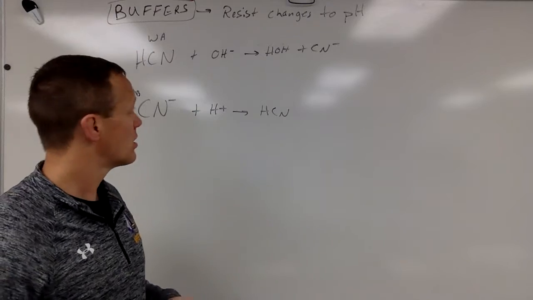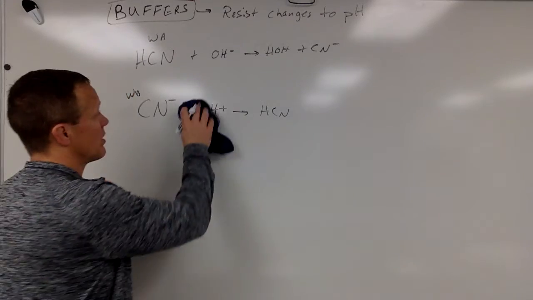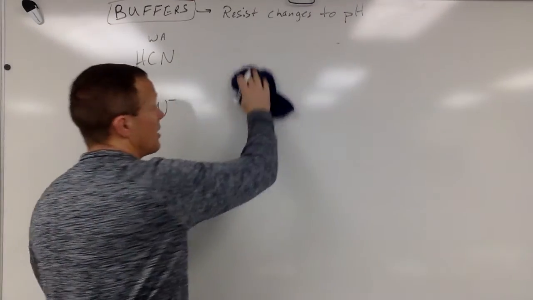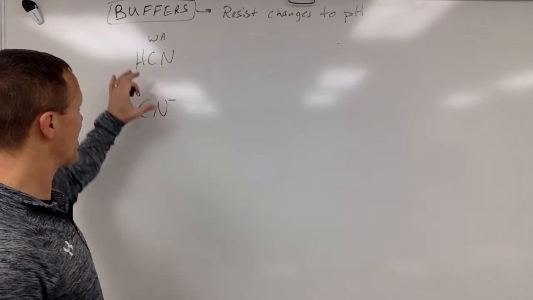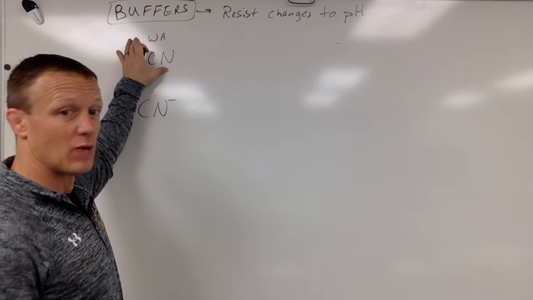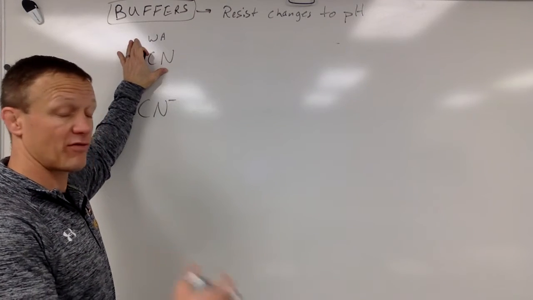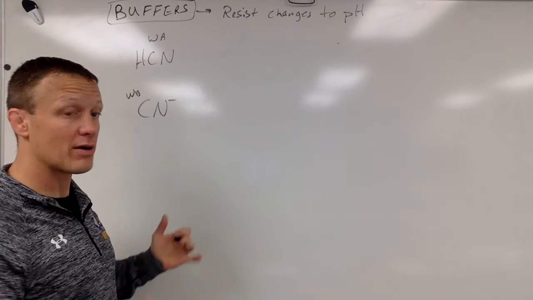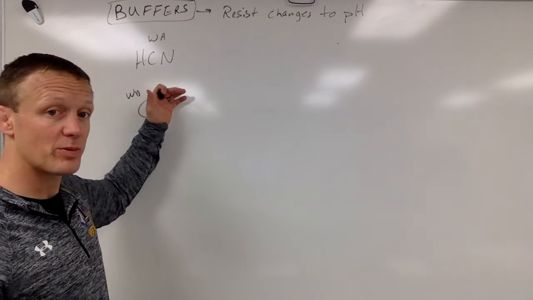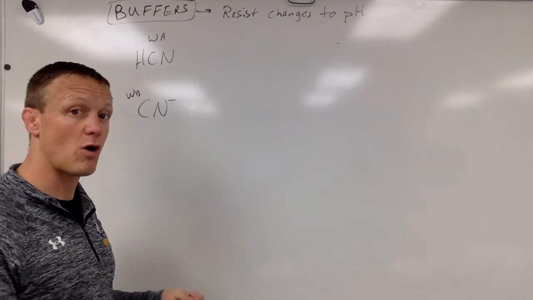So you have these two things in there that can resist changes to pH. Now there's a limit to the buffer. Once one of these runs out, if we run out of this weak acid and we add more OH negative ions, there's nothing for those to react with and the pH is going to rise very, very quickly. Adding OH negative or H plus will still change the pH, it just changes it by smaller amounts.